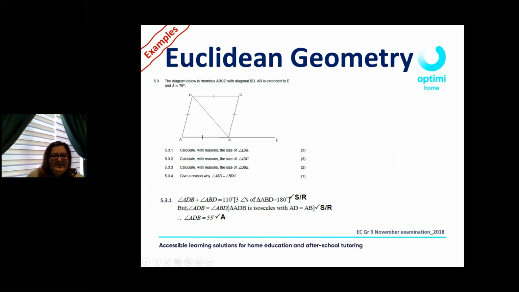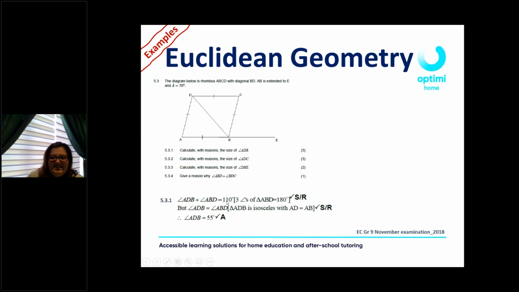There's actually different ways that you can do that, and they say that the angle ADB, do you see ADB, because they didn't number the angle, so you'll say the angle ADB plus the angle ABD is equal to 110.